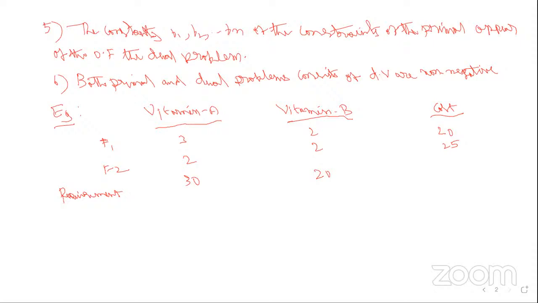Given that the cost of one unit of F1 is 20 rupees and F2 is 25 rupees, first we need to write the cost function, which is the same as a profit function or objective function.